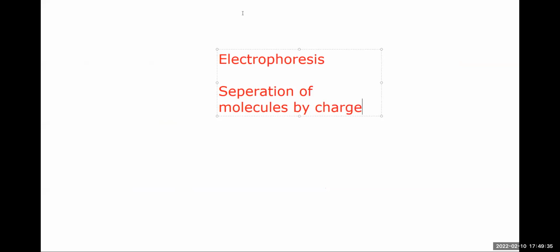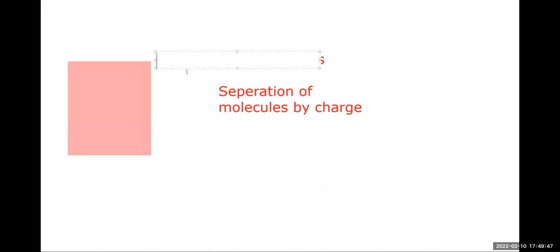So let's say we have a matrix here, and this is connected to a charge, right? So here it is with negative charge, and here it is with positive charge. Now this matrix also has some wells, two wells, three wells. So here you put DNA.